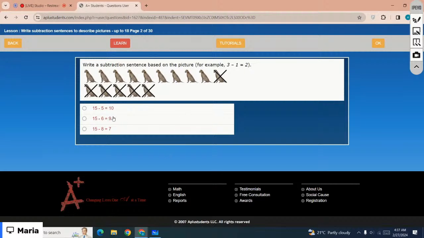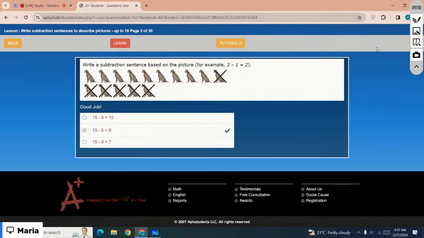Yes, that is 15. Take away 6 equals 9. Option number 2 is the correct option.